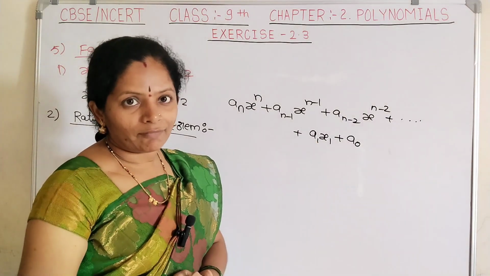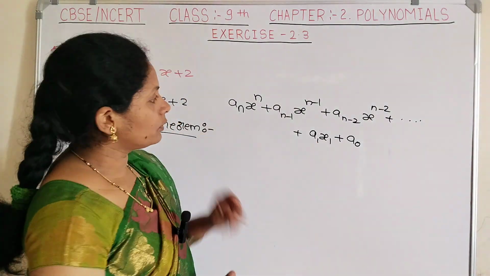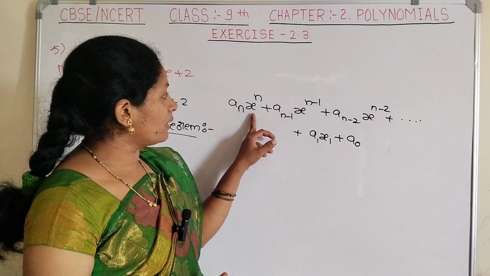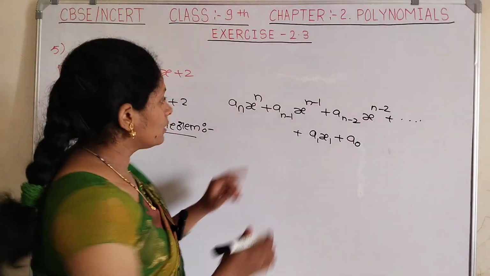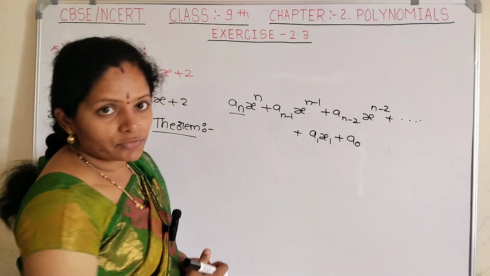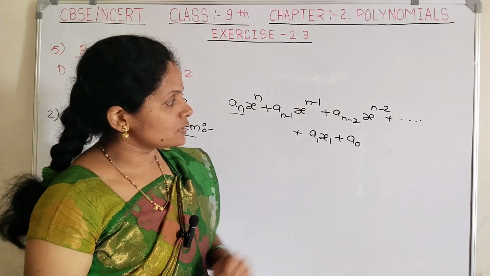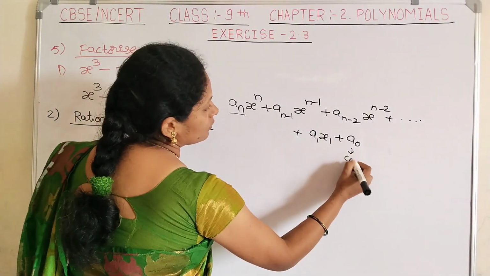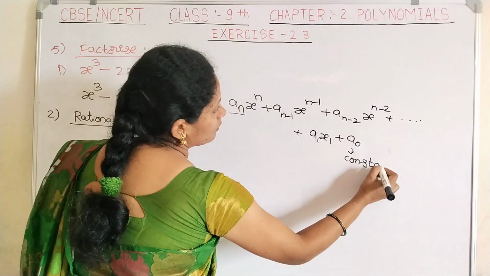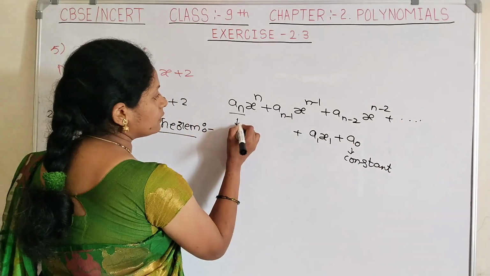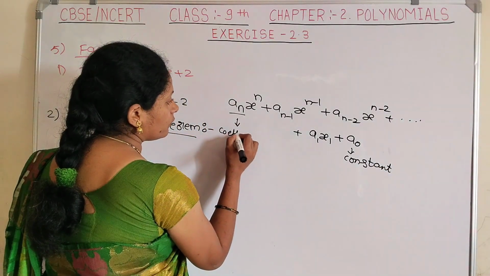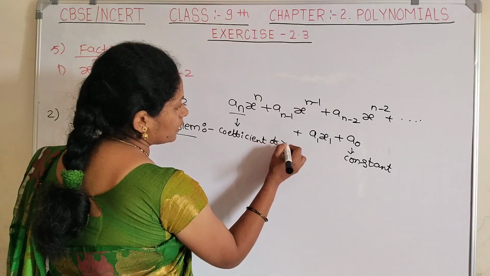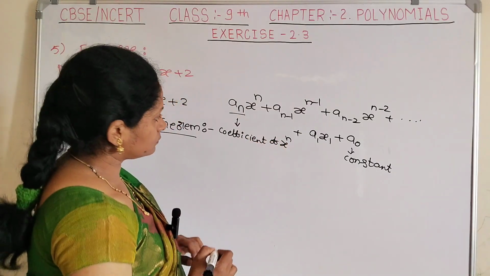Till this we have taken. Now an is the coefficient of x to the power n, and a0 is a constant.